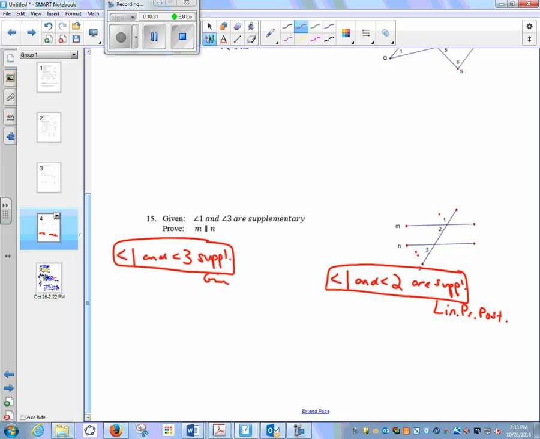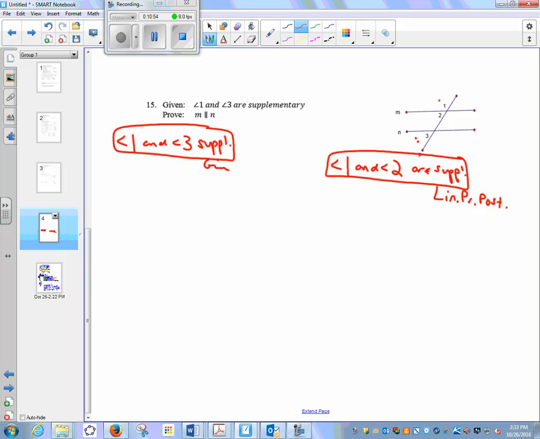Well, if 1 and 3 are supplementary, and 1 and 2 are supplementary, what could we do from here? Now we've got at least 2 pieces of information that maybe we can relate together. Okay, so there's 2 ways of looking at this. You could say the measure of angle 1 plus the measure of angle 3 equals 180, and the measure of angle 1 plus the measure of angle 2 equals 180, and then set them equal to each other. That's what you mean, right?